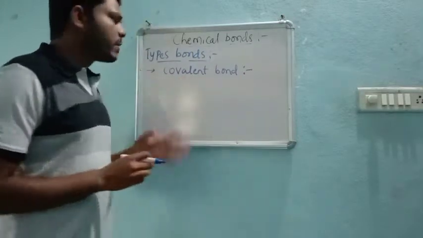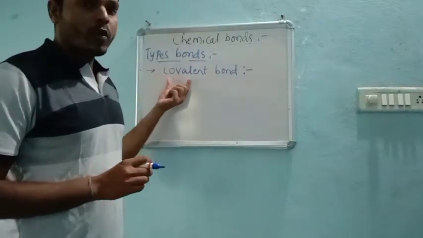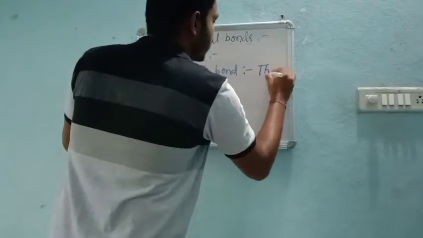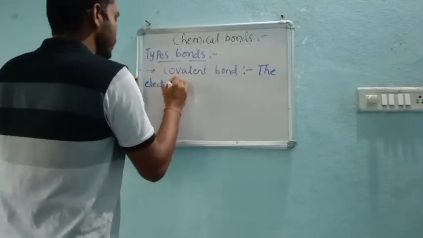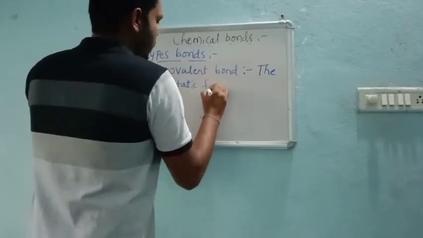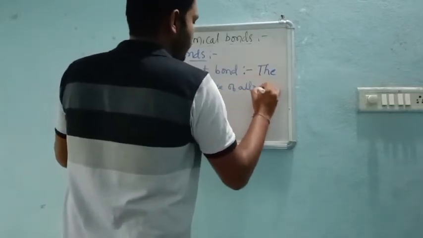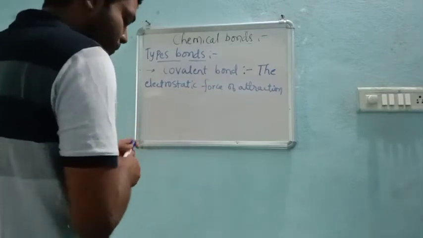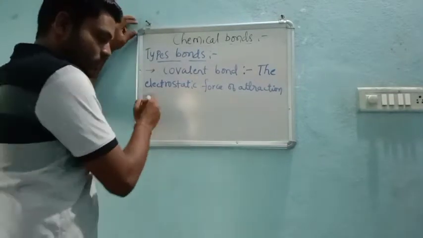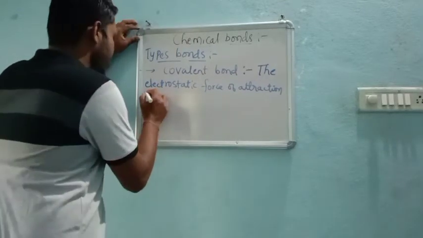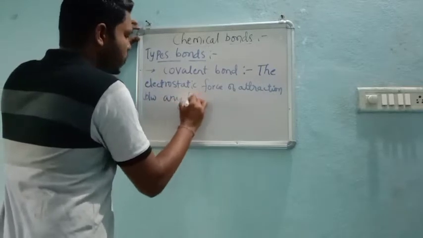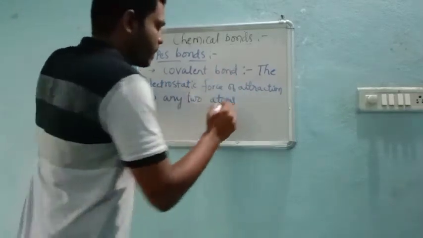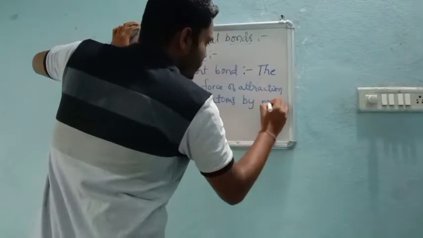So a covalent bond is nothing but the electrostatic force of attraction between any two atoms by mutual sharing of electrons.